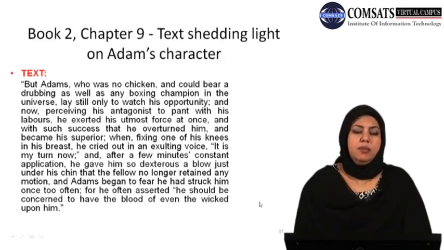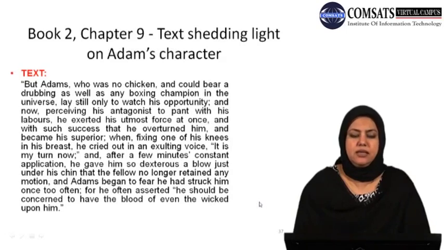Fielding writes, "But Adams, who was no chicken and could bear a drubbing as well as any boxing champion in the universe, lay still only to watch his opportunity. And now, perceiving his antagonist to pant with his labors, he exerted his utmost force at once, and with such success that he overturned him and became his superior, when, fixing one of his knees in his breast, he cried out in an exulting voice, 'It is my turn now.'